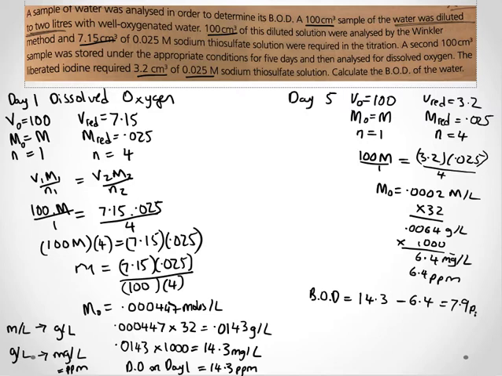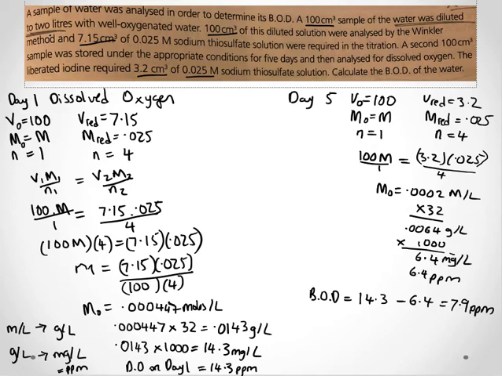Now though, we have one final step to do, and that is to account for the dilution factor. So this is the parts per million in the diluted sample. Our dilution factor, we had 100 centimeters cubed diluted to 2 litres.